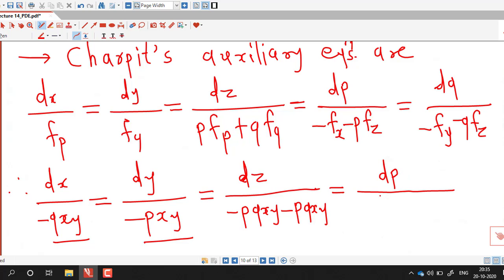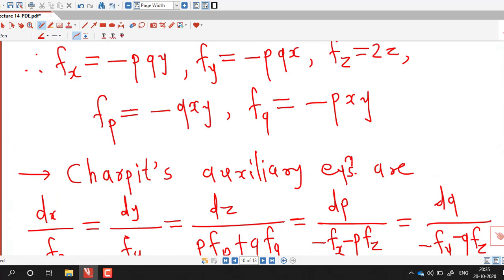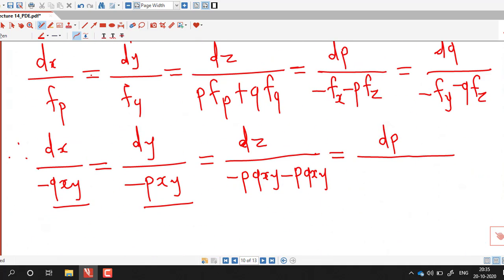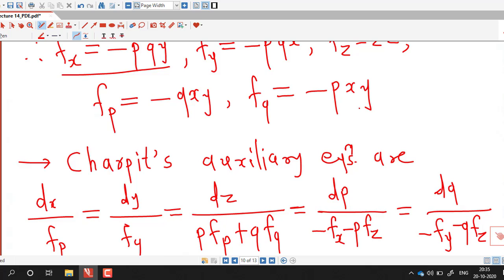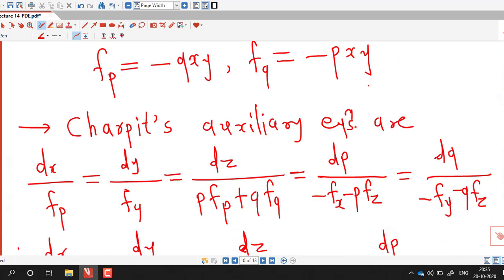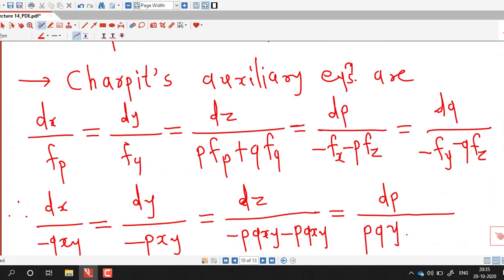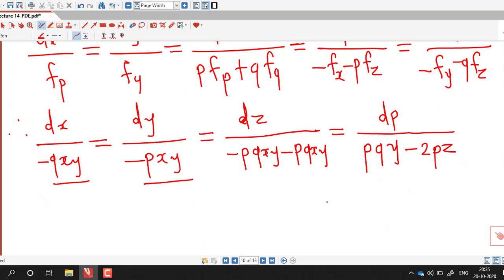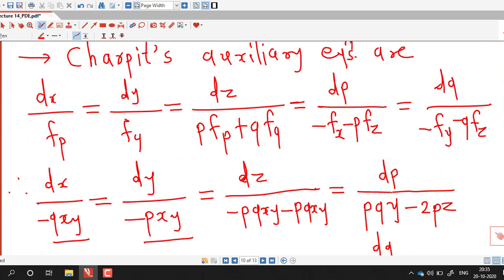dp divided by minus del f by del x. So del f by del x is minus pqy, so minus del f by del x is pqy. So here I write pqy minus p into del f by del z. Del f by del z is 2z and it is multiplied with p, so we have minus 2pz. And this is the last fraction, dq. What is del f by del y?